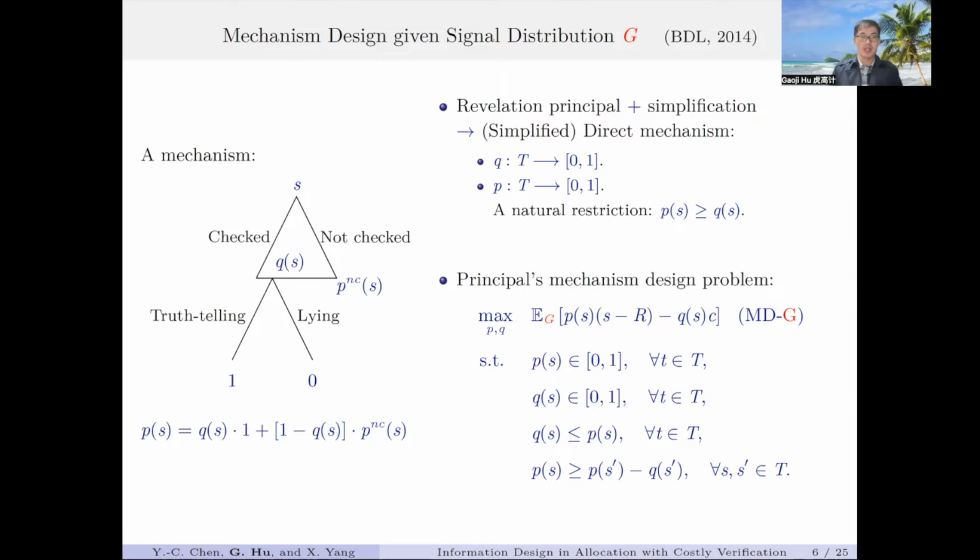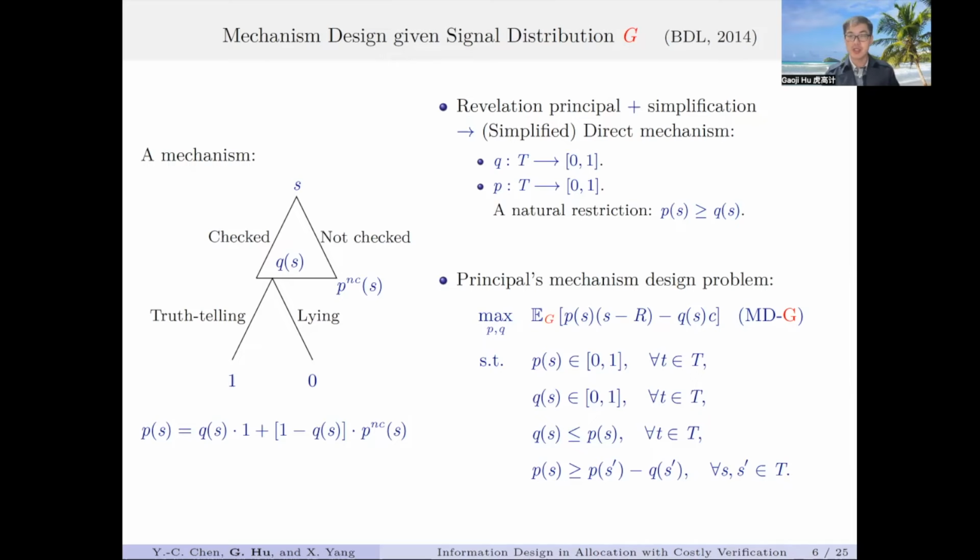And when the agent is checked and found lying, the conditional assignment probability should be 0 to provide the incentive for the agent to tell the truth. We use P of S, this new notation, to denote the total assignment probability, which consists of 2 parts. The first part is the assignment probability from being checked. The second part is the assignment probability from not being checked.